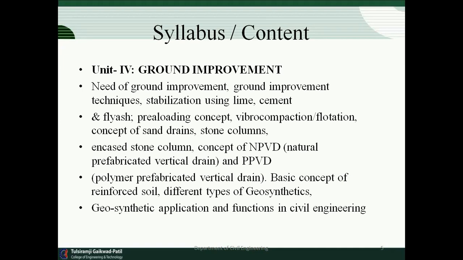It also includes the concepts of NPVD and PPVD, which we will see in detail in unit number 4. Then use of various polymers, fibers and geosynthetic materials for improving the bearing capacity of soil, and geosynthetic applications and functions in civil engineering.